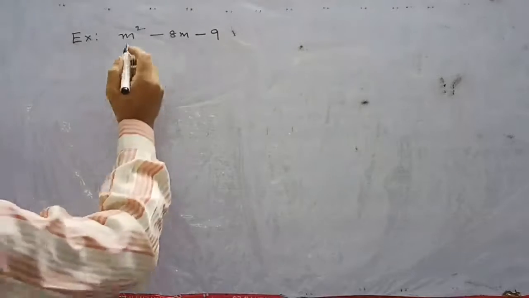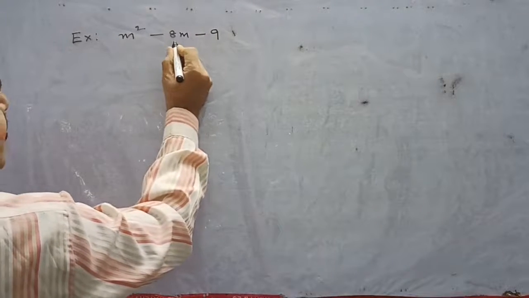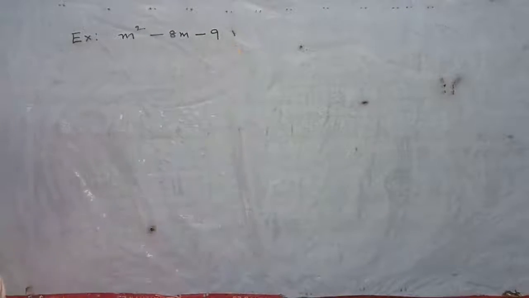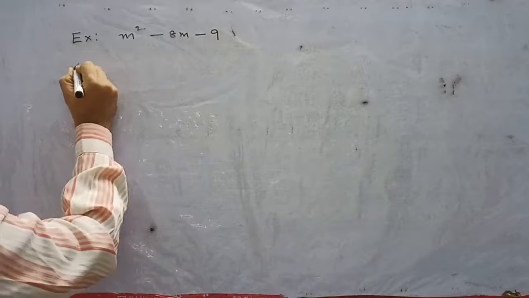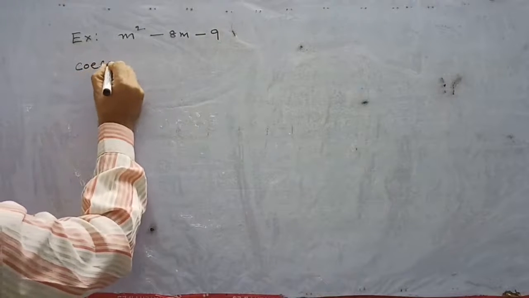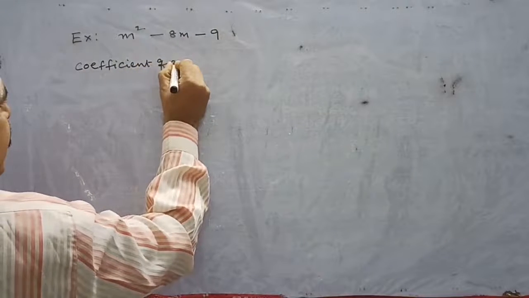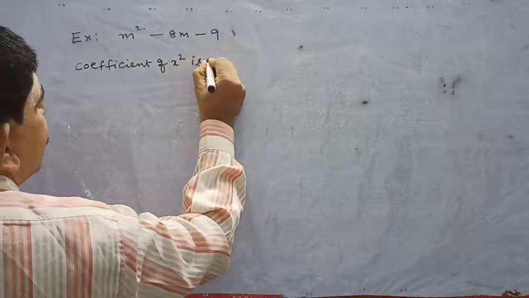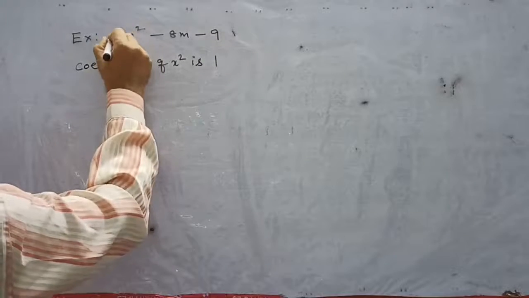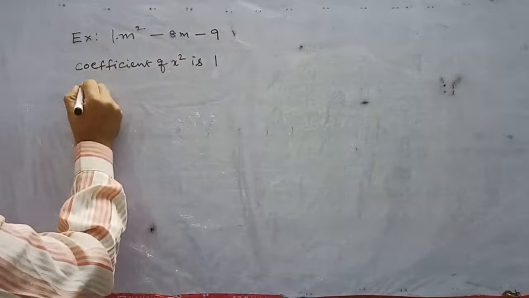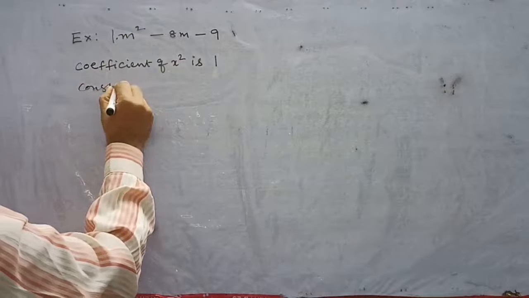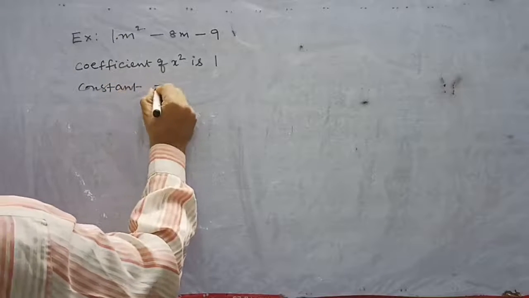Next question, m square minus 8m minus 9. Now first, the coefficient of m square is 1. So 1 m square. Next, constant. What is the constant?